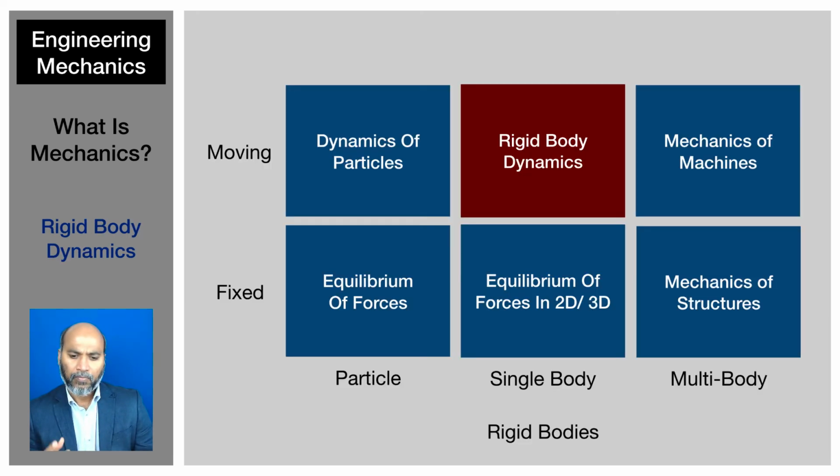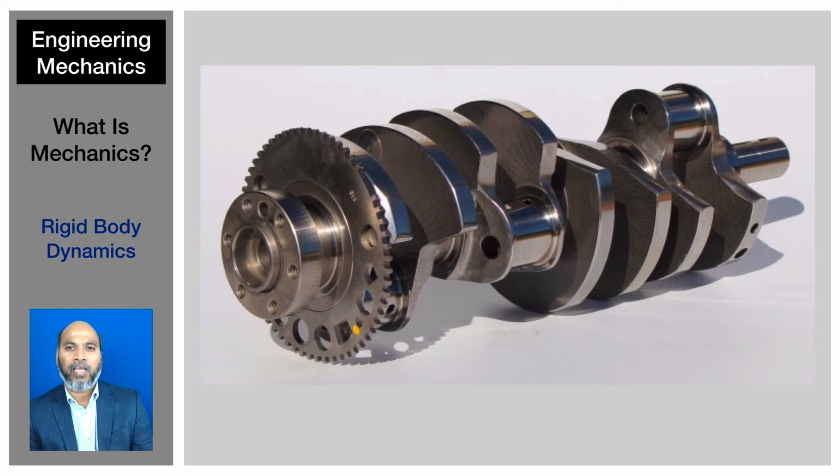If we look at single body dynamics where there is motion involved, you have something like this. This is a crankshaft, or you could take a flywheel as an example, where this is rotating and there is a lot of dynamics involved because of the mass that is not at the center. As you can see, if you draw the longitudinal axis line, a lot of mass is away from that line, because of which the crankshaft will experience wobble.